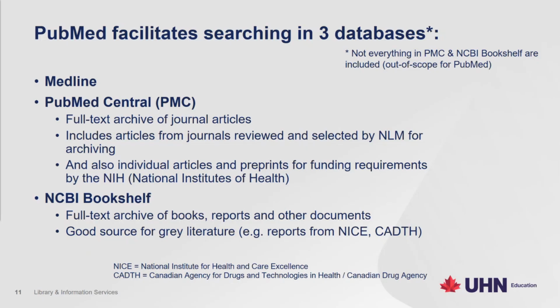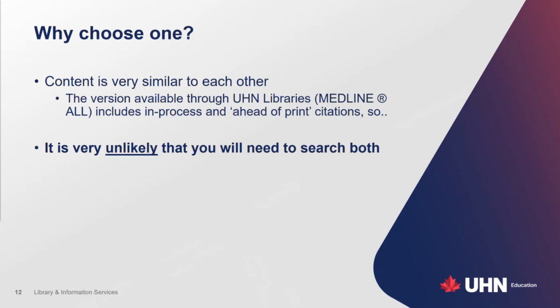NCBI Bookshelf is an archive for books, but also reports and other documents. This one is a pretty good resource to find great literature, as you might find reports from agencies like NICE or CADTH. So why are we choosing one?